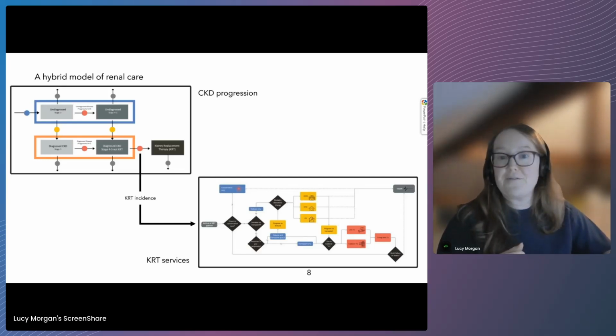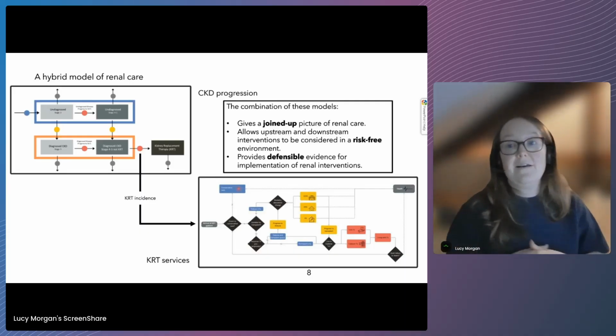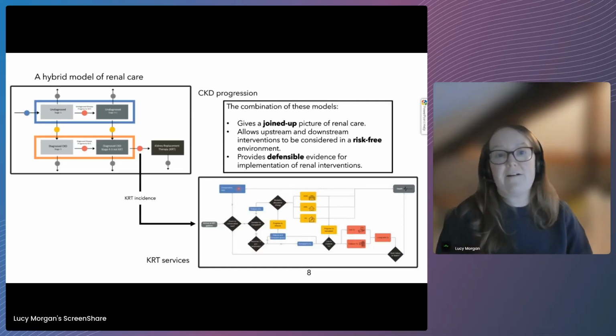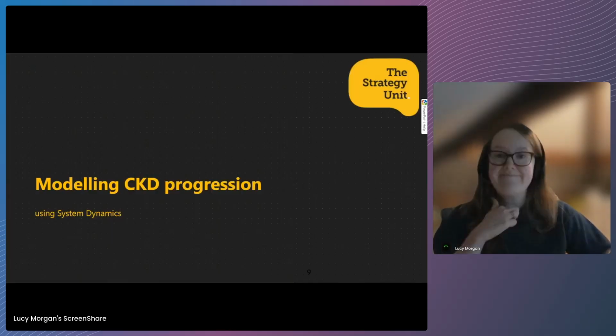So that's why we have chosen the two methodologies we have and combined them in this way. Combining these models gives us a joined up picture of renal care. It allows us to play out upstream and downstream interventions and look at the impact of those in this risk-free environment, providing defensible evidence for the implementation of the renal interventions that are of interest to Midlands and also beyond.